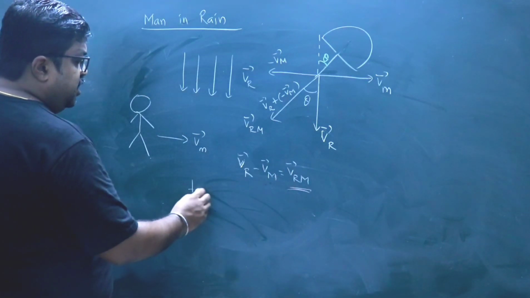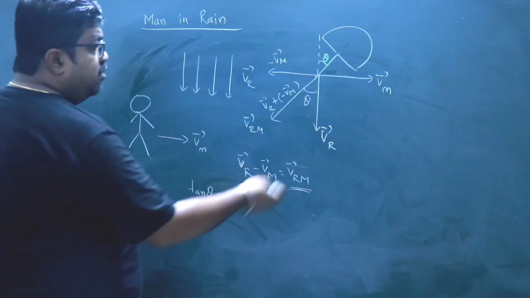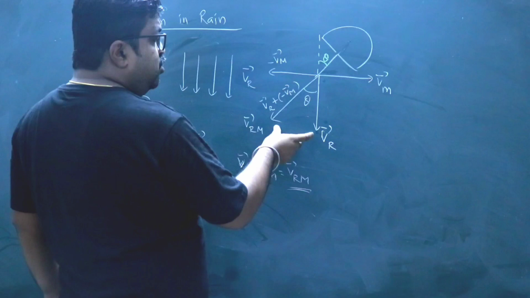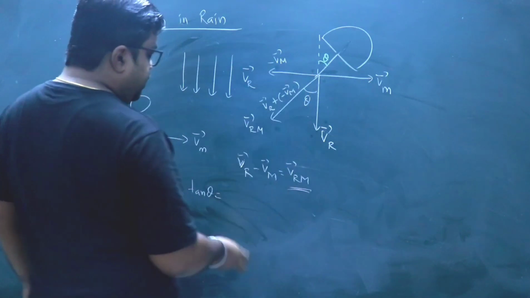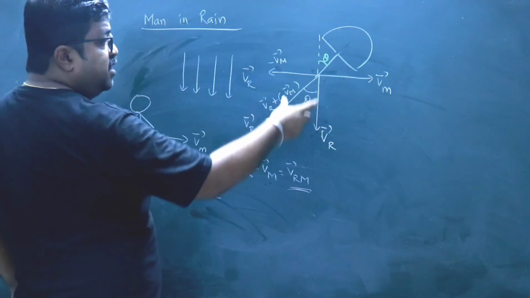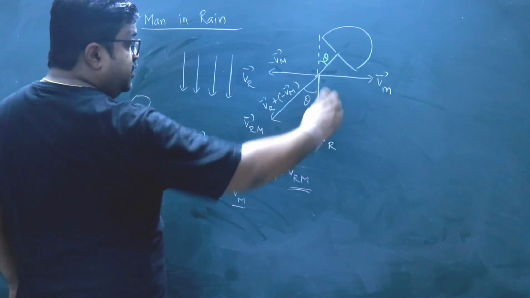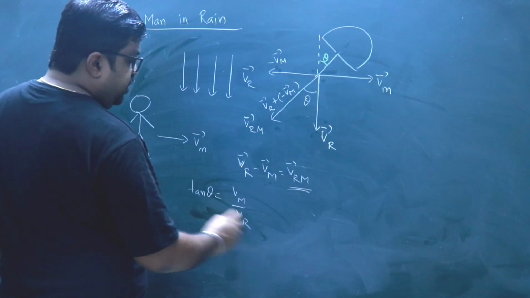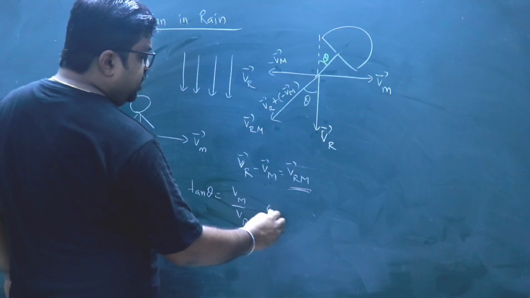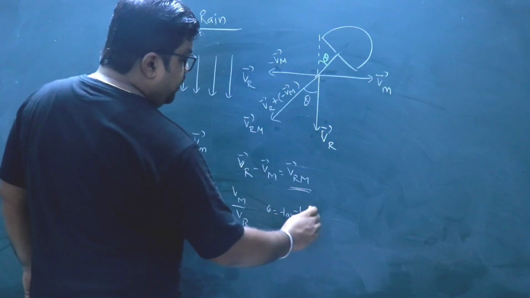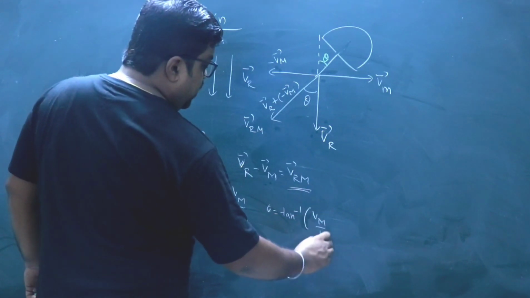So tan theta will be equal to the length of this side divided by the length of this side. The length of this side is equal to the length of this side, so I can shift this vector parallelly over here. So this is Vm and this is Vr. So tan theta equals Vm by Vr, or theta is equal to tan inverse of Vm by Vr.